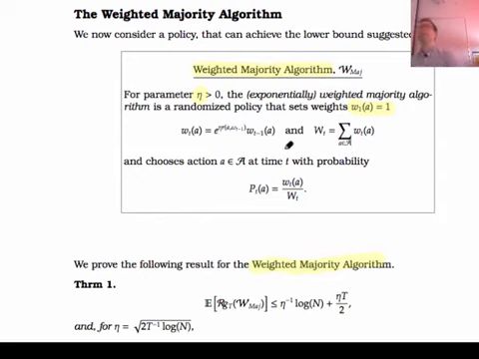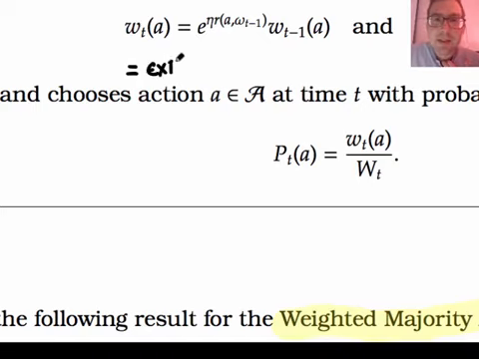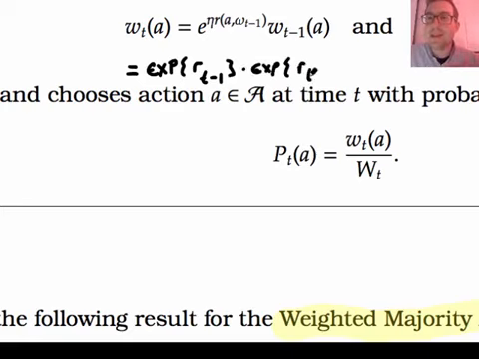So if I kept iterating backwards, this would be the same as exp of eta r of t minus 1 times exp of eta r of t minus 2, and I could keep on going backwards. Does everyone agree with that?